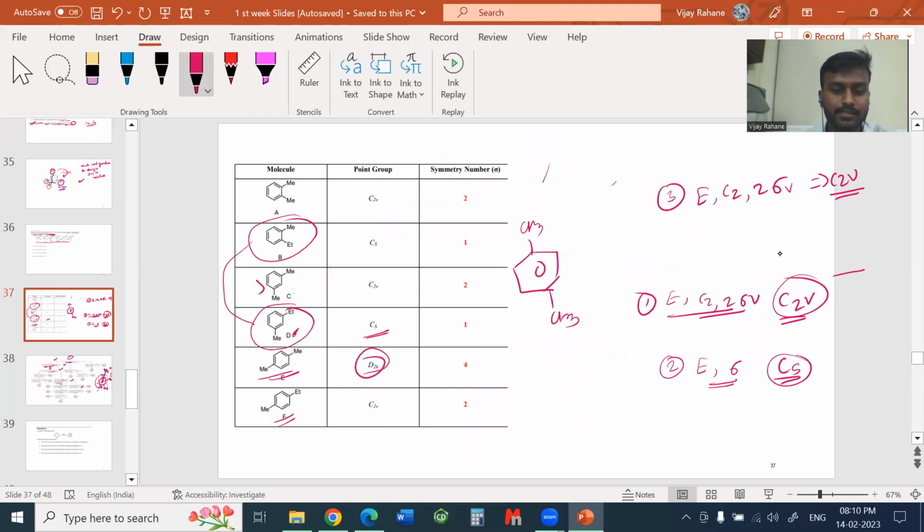Similarly, another example, CH3 and CH2, CH3. So this one molecule you need to consider, right?